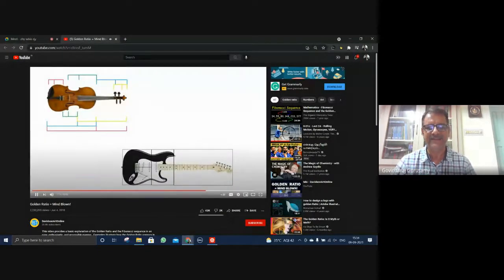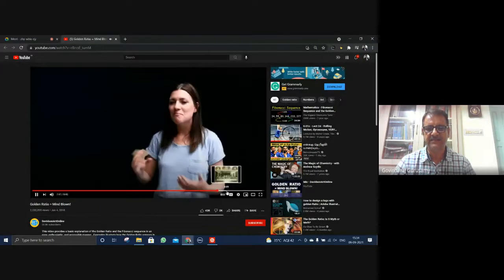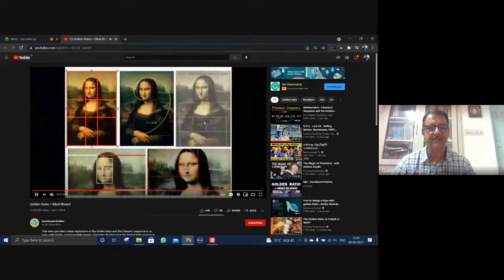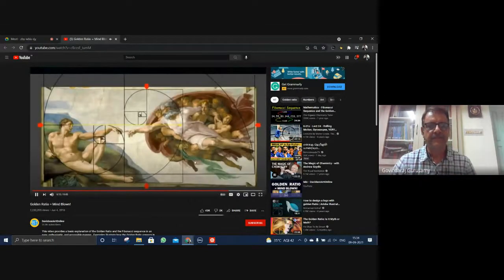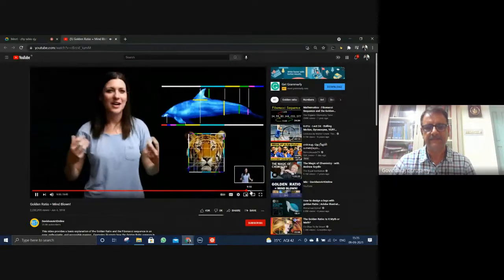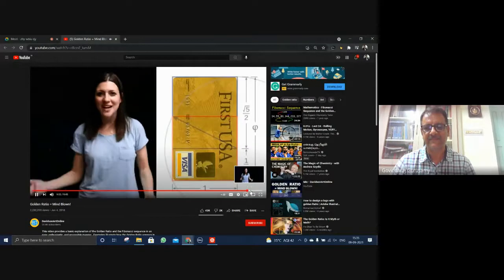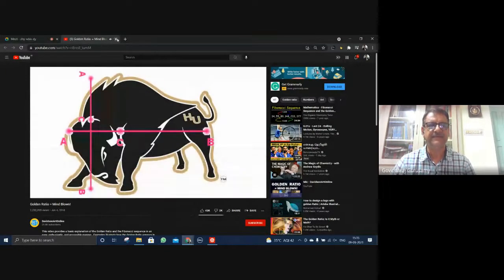See, there the music instruments, and even the piano has it, and then you have the big building structures. So these are something great.